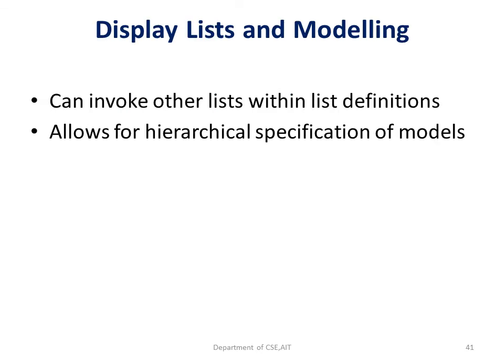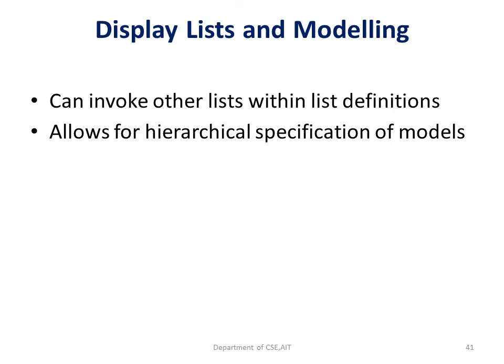Looking at the spectrum of the applications of interactive computer graphics, we can observe that a large fraction of them involve some sort of interactive modeling. Because a display list can call other display lists, they are very powerful tools for building hierarchical models, which can incorporate multiple relationships among the parts of a model.